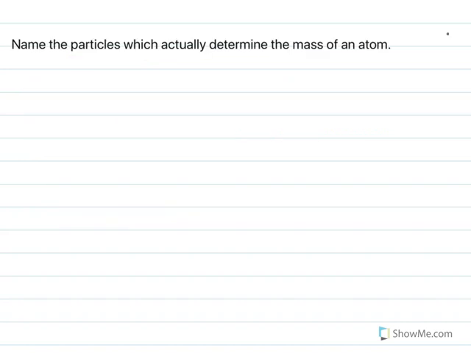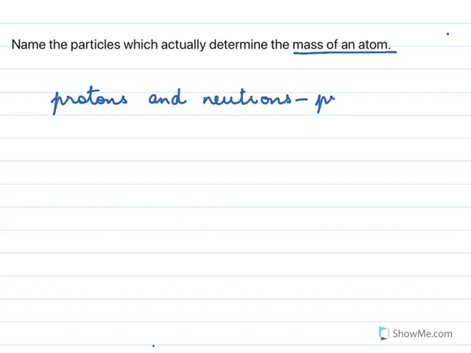Name the particles which determine the mass of an atom. The mass of an atom is determined by protons and neutrons. They are present in the nucleus of an atom.